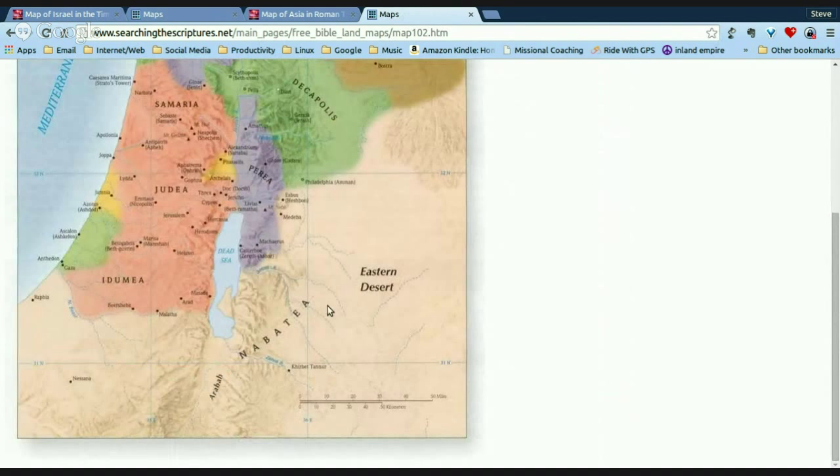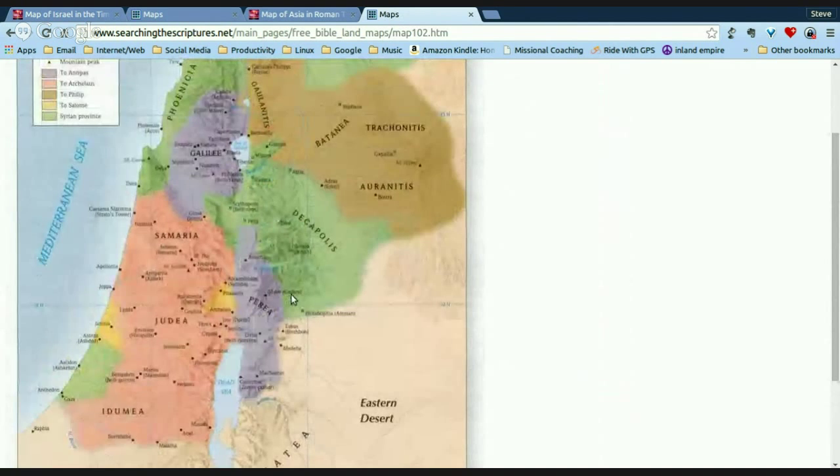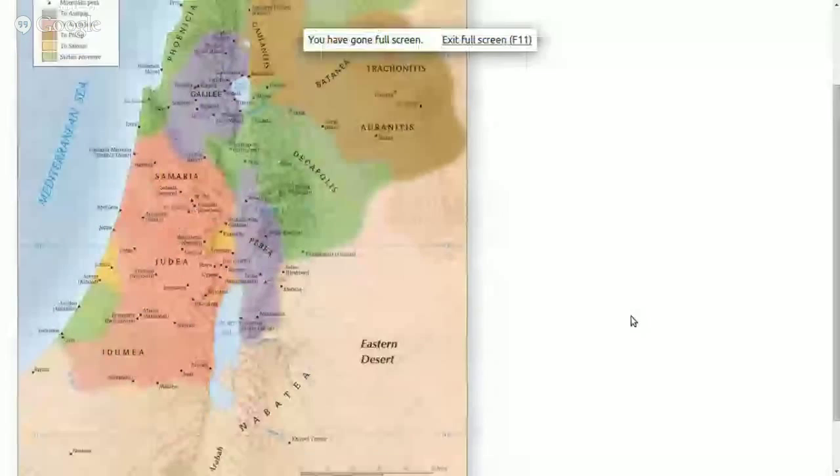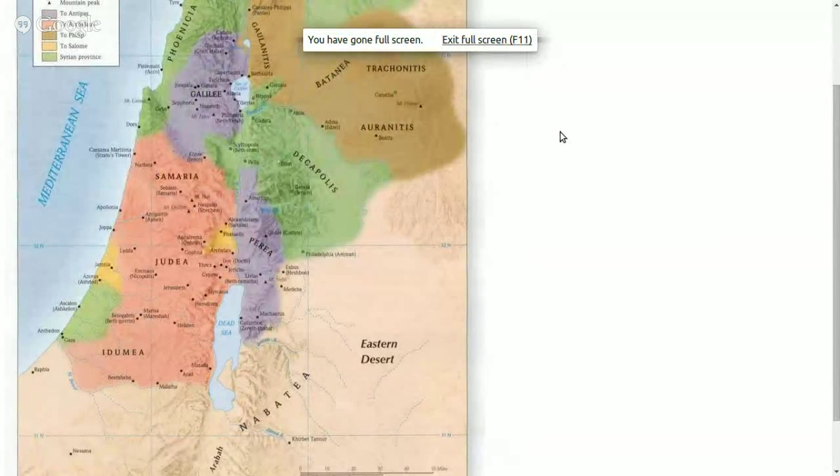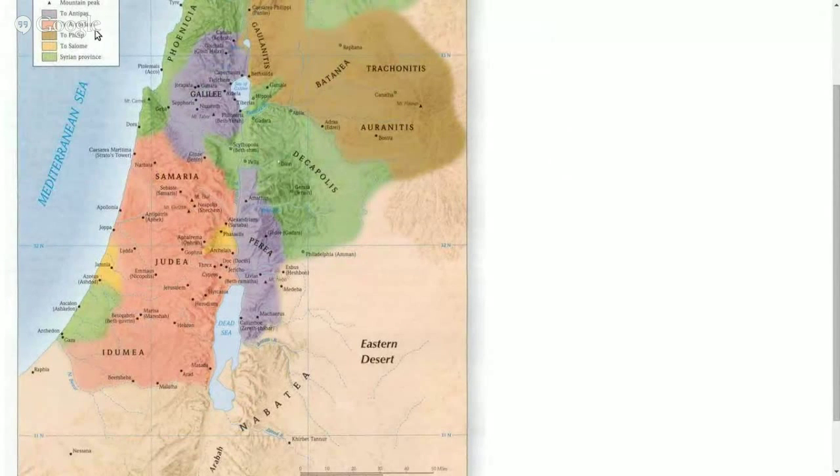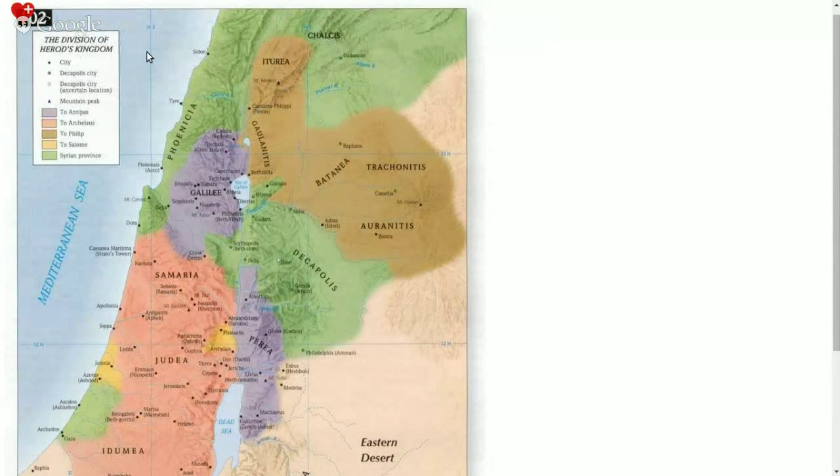Edom would have been from this area here, and he is a foreign ruler essentially, and yet he's seen as at least closer to the Jews than not. So here you have some of these names that you'll probably be familiar with, because the kingdom, this area was divided, and it was divided amongst Herod's sons in this region.